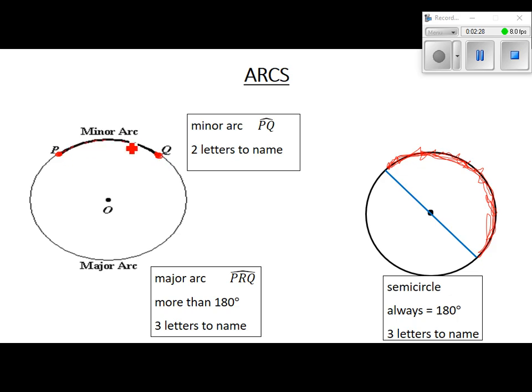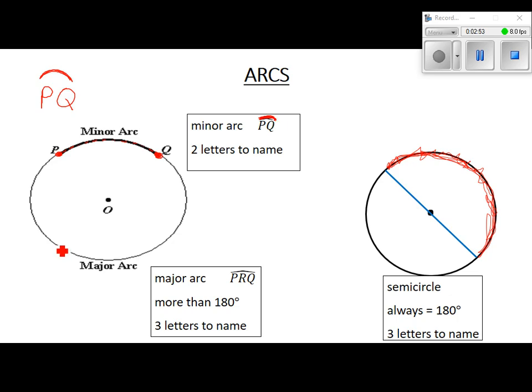This is your arc going around here. So a minor arc, we name just like we would a segment, with 2 letters, so PQ, but instead of a segment symbol, it's this arc symbol.